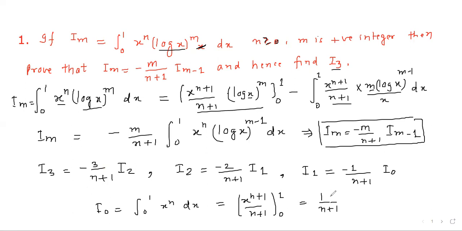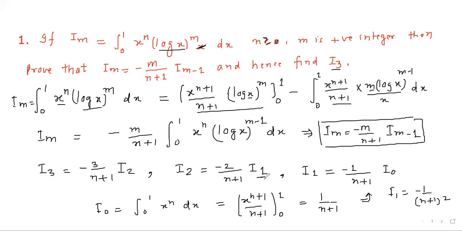So we have got the value of I_0, sorry, not I_1. So from here we can get I_1. So this will give I_1 equal to minus 1 upon n plus 1 whole square.